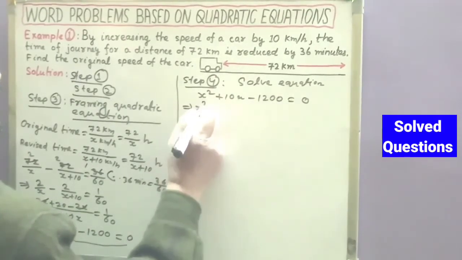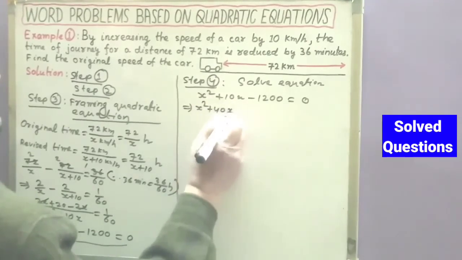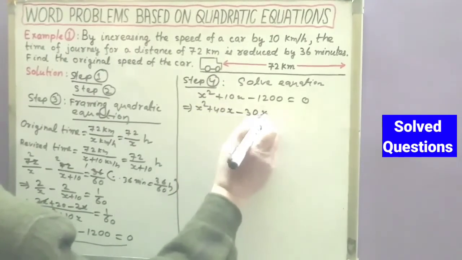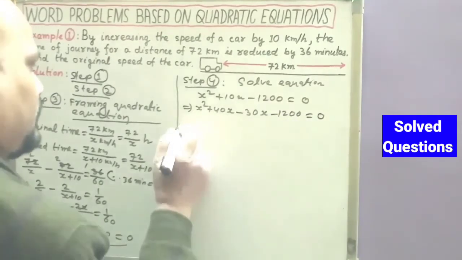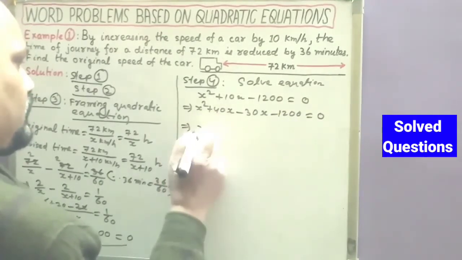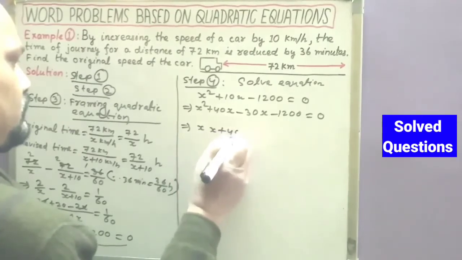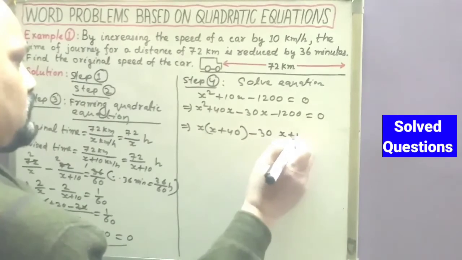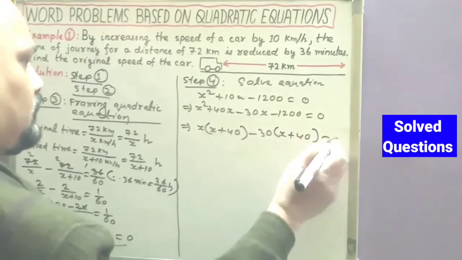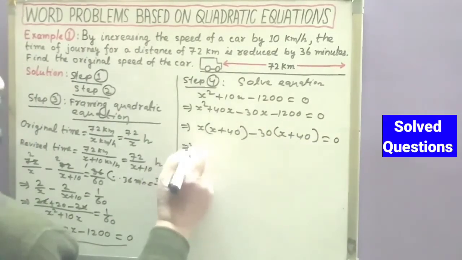That implies x square plus 40x minus 30x minus 1200 equal to 0. That implies x taking common, x into (x plus 40) minus 30 taking common, 30 into (x plus 40) equal to 0.